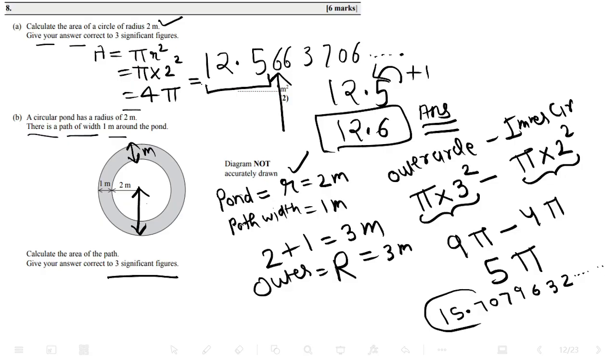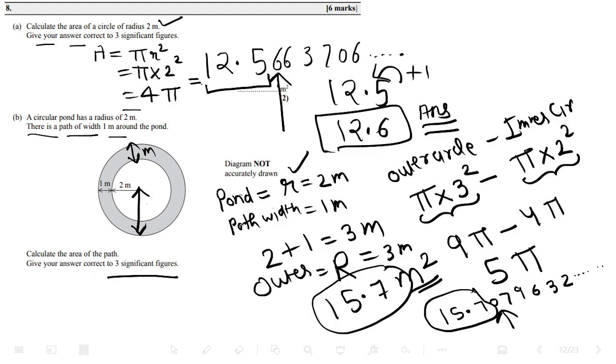So the answer is 15.7. The next digit is 0, so there is no need to add any extra one. So the answer is 15.7 meters square. Do you get this up to this point? Yes. Okay, now the story is not completed yet.